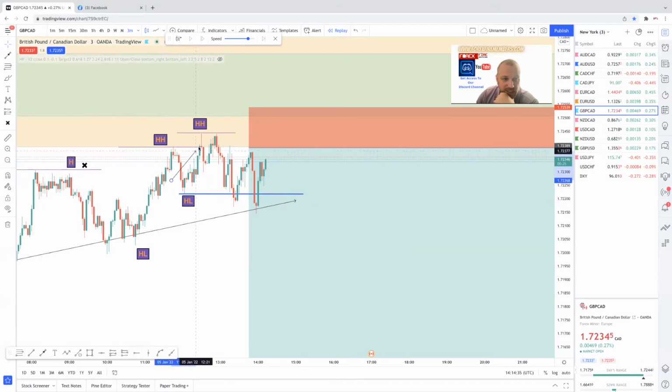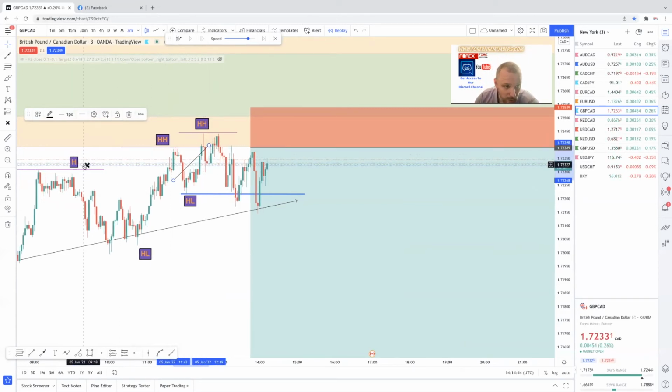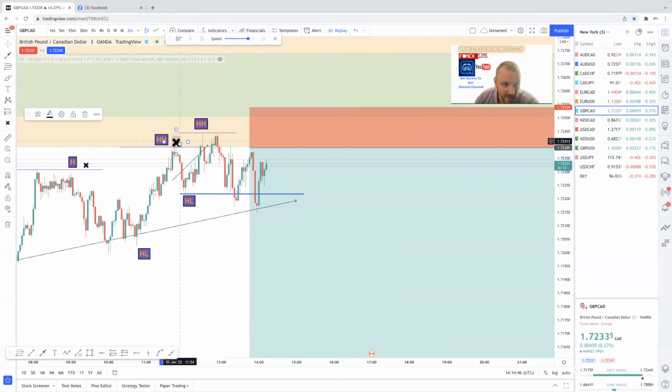Now, as we had the continuation up into the 1 hour order block of box 2, if this makes sense, if you're following along, we broke structure of this higher high.